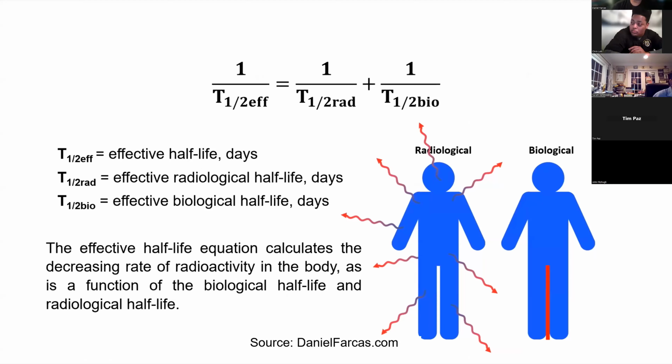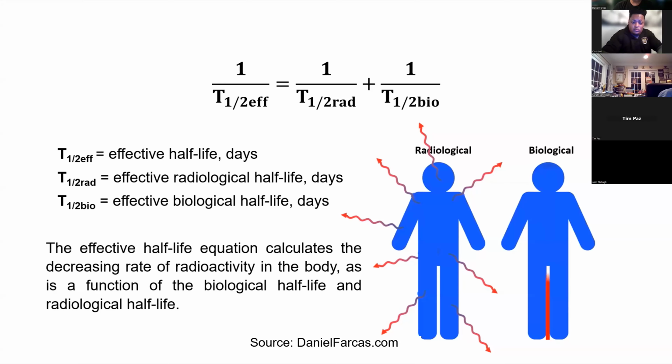This equation is about the effective half-life, which calculates the decreasing rate of radioactivity in the body as a function of the biological half-life and radiological half-life. The biological half-life refers to the time necessary for half of the substance to be eliminated from the body through natural processes like excretion in urine or feces, as you can see in the animation.